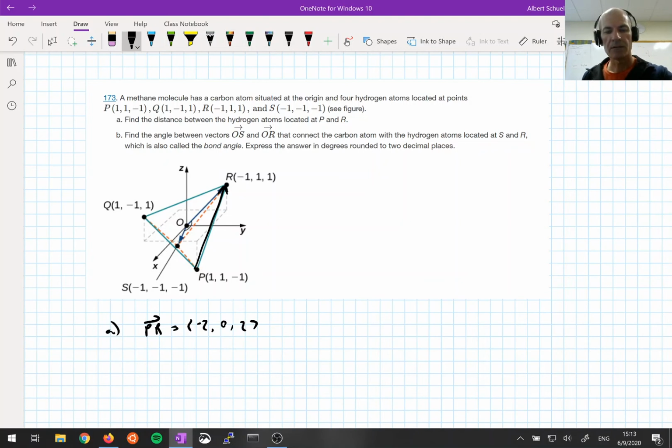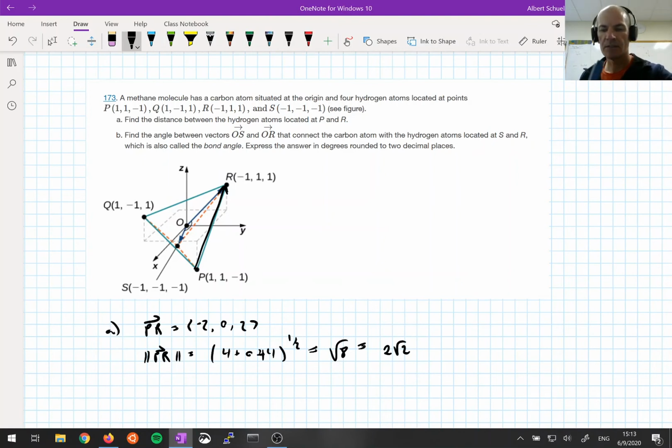And the magnitude is going to be the distance between these two points. So the magnitude of PR is the square root of the sum of the squares. And that is the square root of 8, which simplifies to 2 root 2.